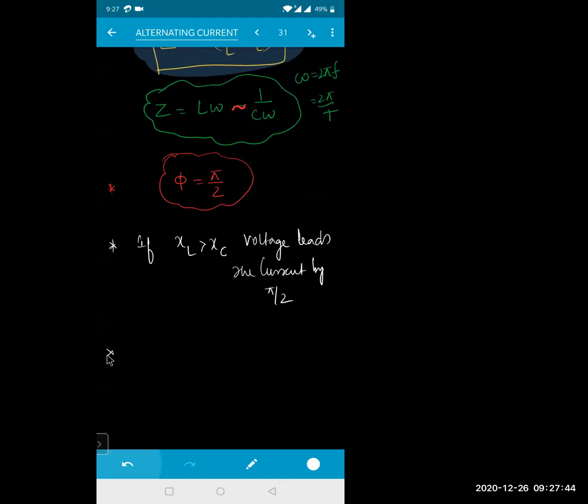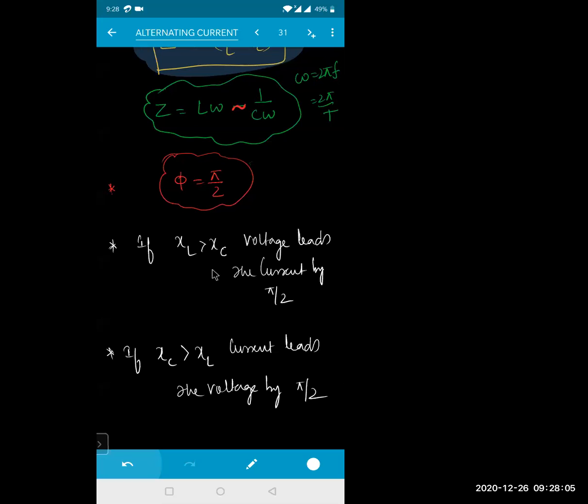In the same way, if XC is greater than XL, then the current leads the voltage by pi by 2. This is a very important point.